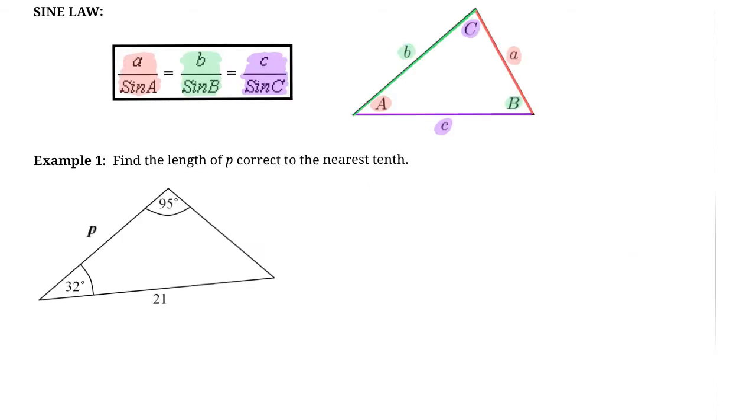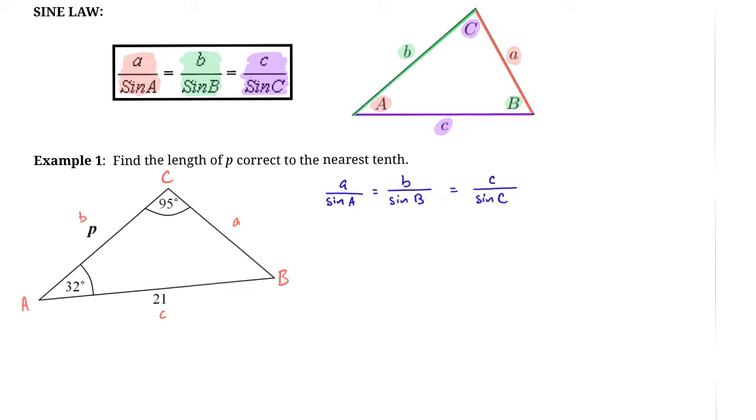So here we have a triangle, it is not a right angle triangle, and we're going to use the sine law. We need to label our triangle accordingly, but it does not matter whether you put A, B, and C in a different spot, as long as the side that is opposite of that angle is the same letter. Here's our sine law, and now we can start substituting in our information.